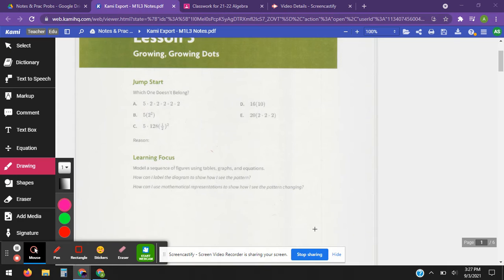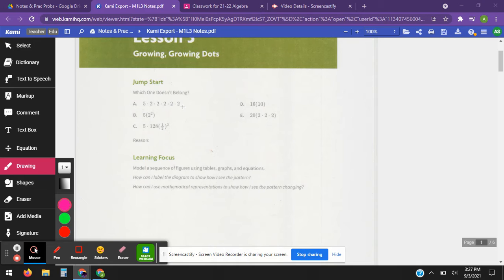Which one doesn't belong? Well, if I look at all these, I work out 2 times 2 is 4, times 2 is 8, times 2 is 16, times 2 is 32.